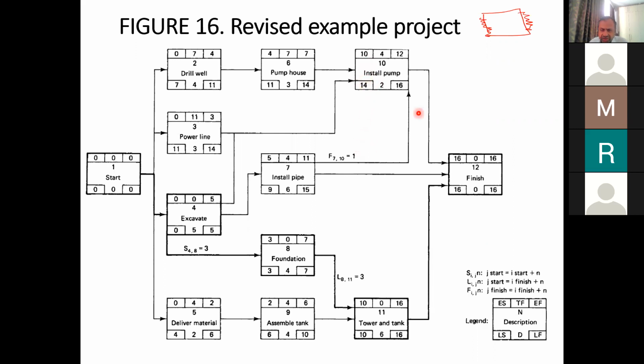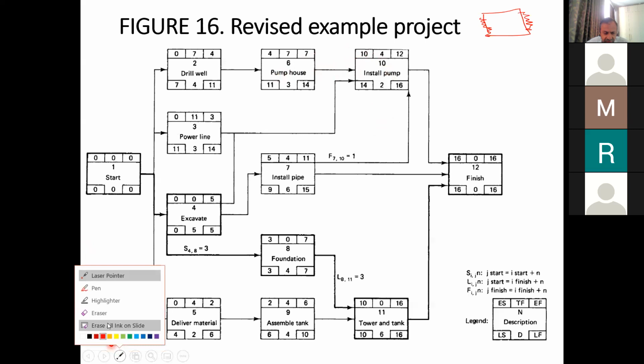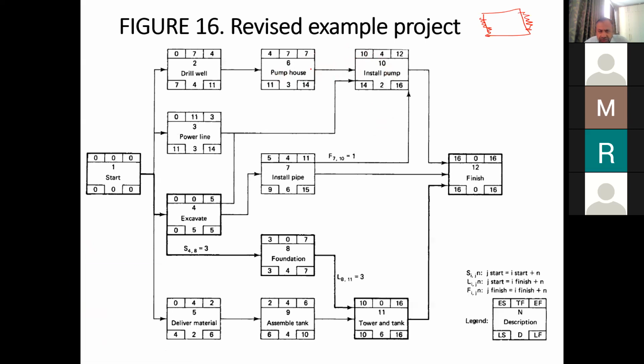So let's see, the start of this install pump depends on this pump house. So from here one of the values will be 7, and the other values will come from here, 3 and 5.